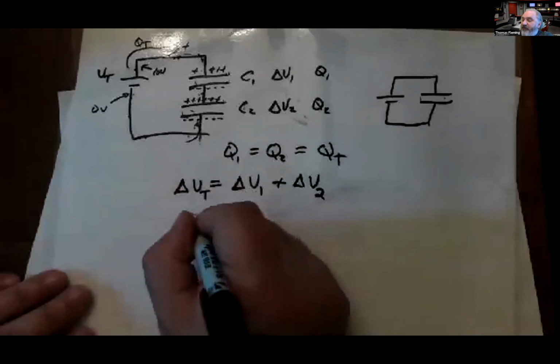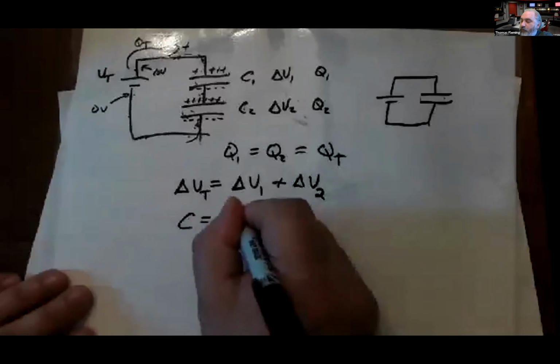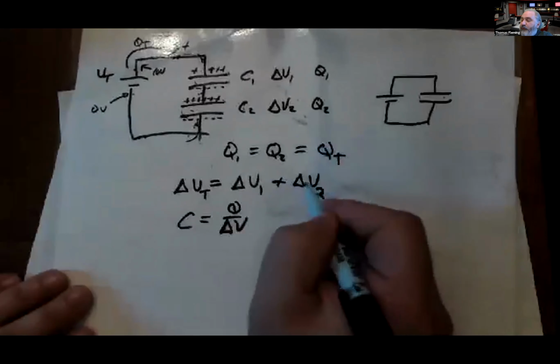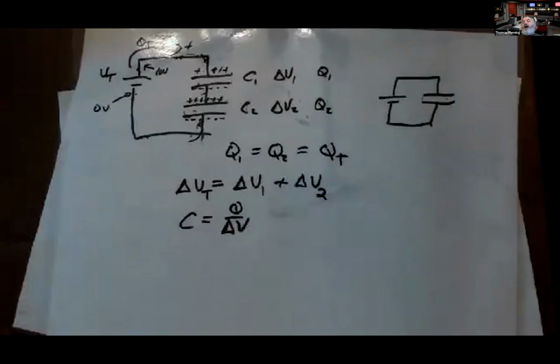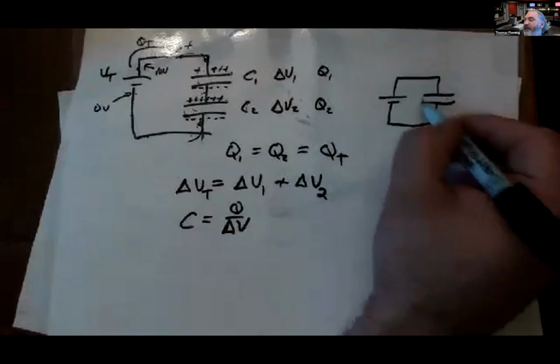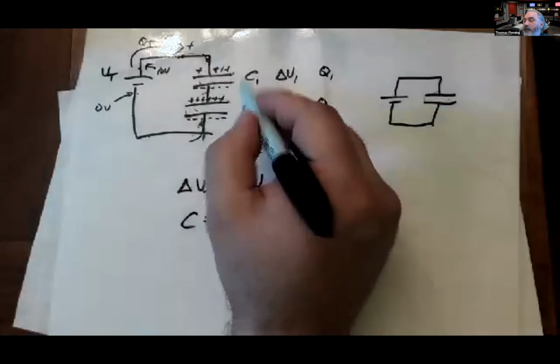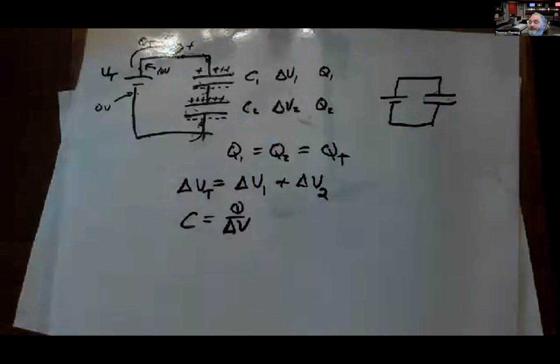The definition of capacitance is that C equals Q over delta V. So taking these three rules and putting them all together, I should be able to figure out how big this equivalent capacitance is compared to my actual capacitances.